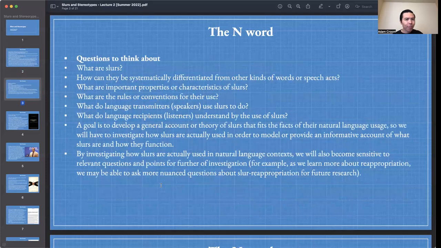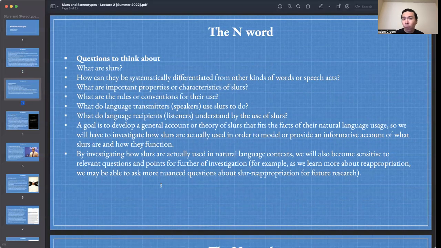Okay. All right. Some questions to think about, both for today's lecture, as well as we continue reading different articles throughout the course. Okay. One of the questions is, what are slurs? How can these words be systematically differentiated from other kinds of words or speech acts?